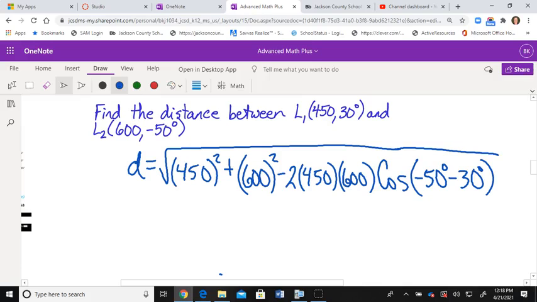Okay? When you put it in your calculator and round it, because it is going to be a big long decimal, what did you get? 684.6. And that was in feet in the word problem.